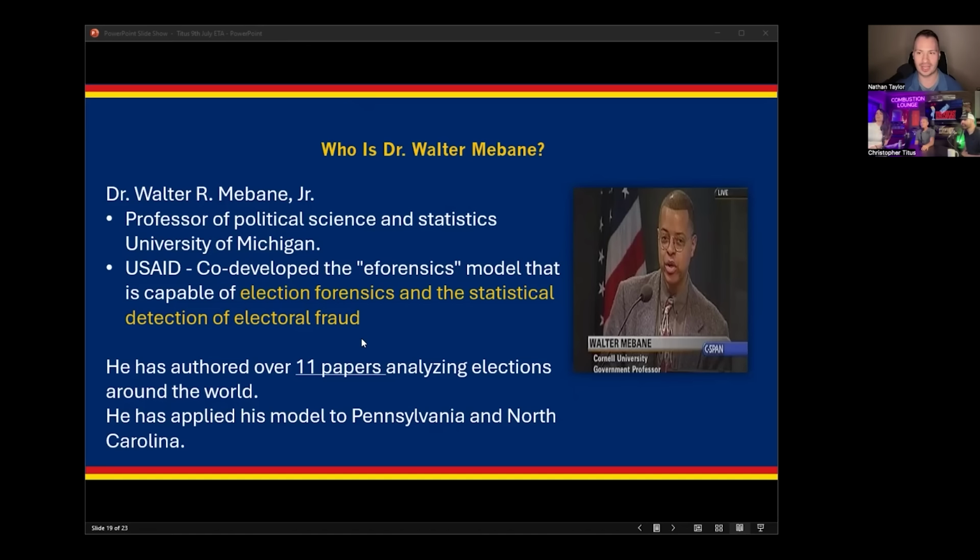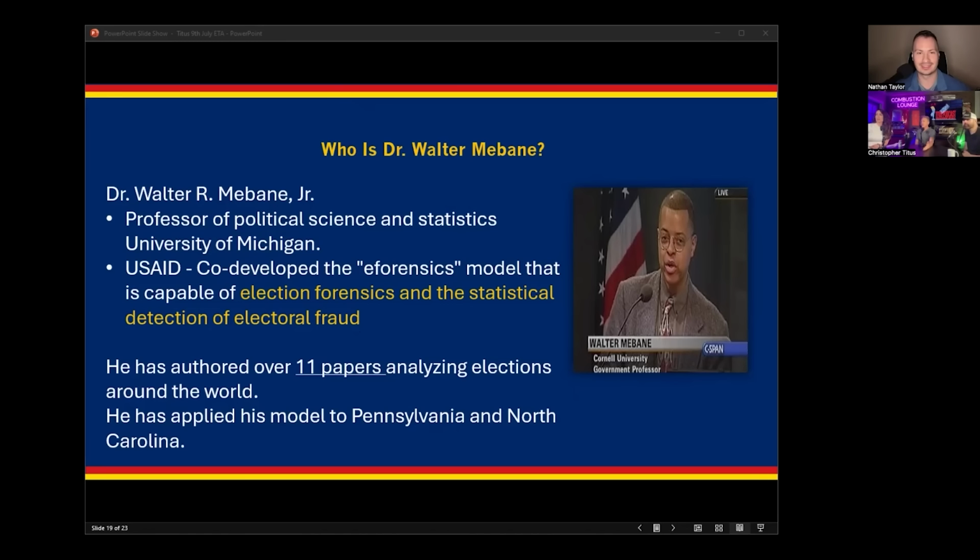One of them is on his website. The other, for North Carolina, has not been released yet, but we have the numbers, and we can show you a little bit. What's important, though, is he's well known. He's written over 11 papers and done 11 different analyses for elections around the world. In countries where it's pretty shaky, this guy's the go-to. Yeah, the Bolivia guy. For elections that are like, wait, come on, man, right?